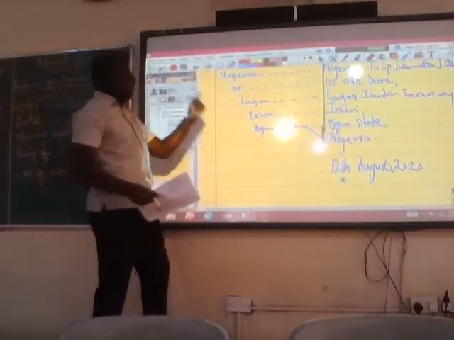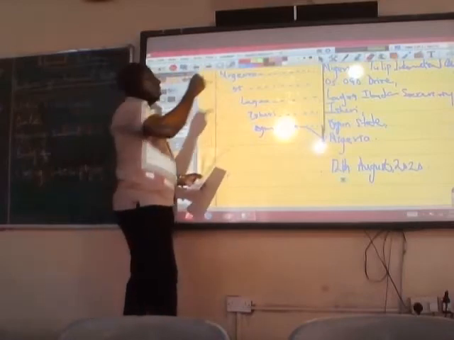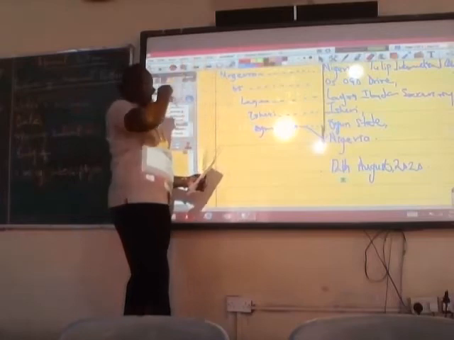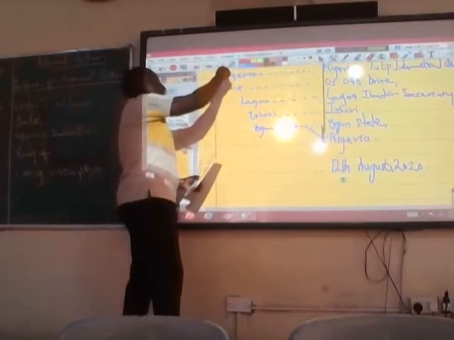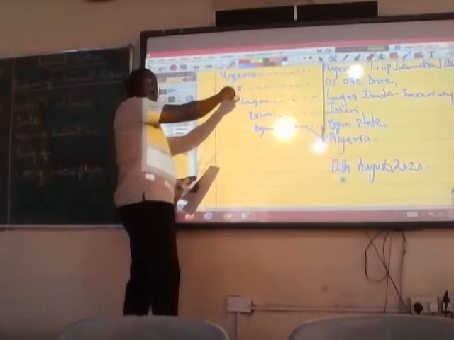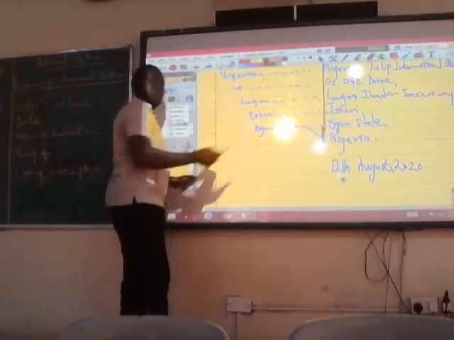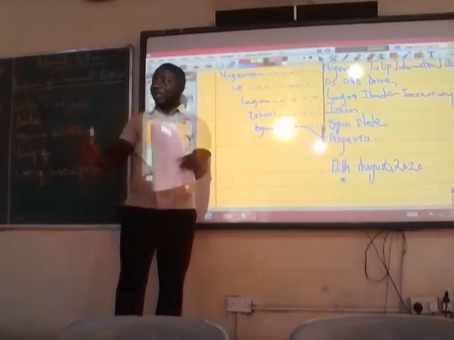So if I'm coming to the next line, my first letter on the second line is going to be under what? Under I. Are you getting it? So my next line, the first letter is going to be under the second letter of the line above as well. You understand? So with that, we are going to have a perfect slant format for the writer's address.